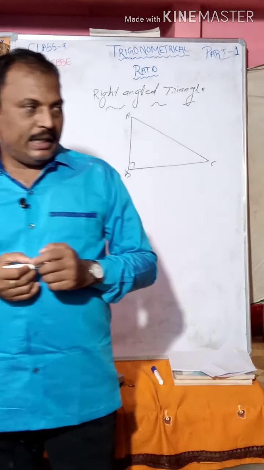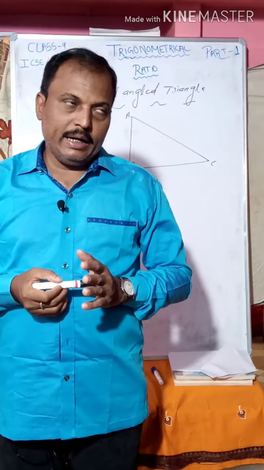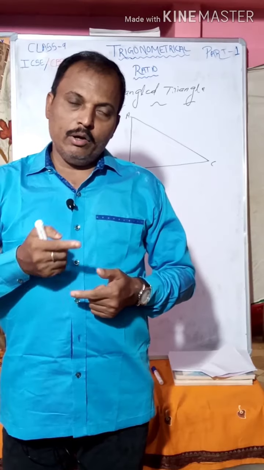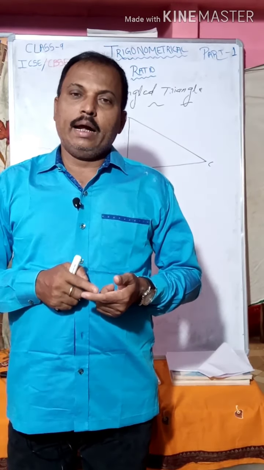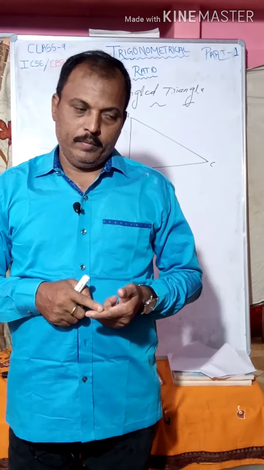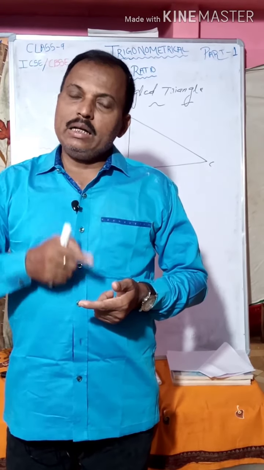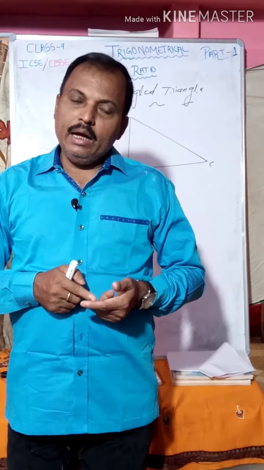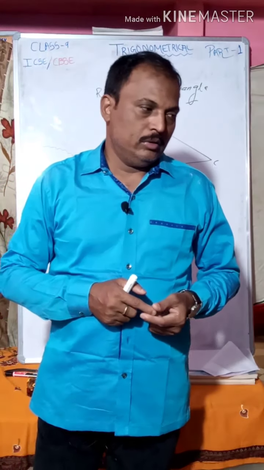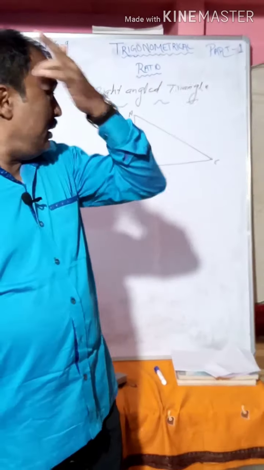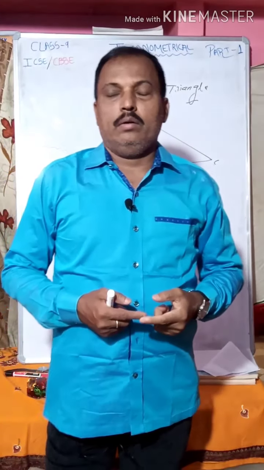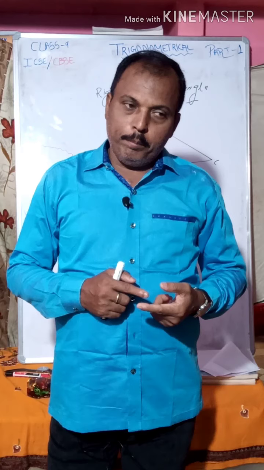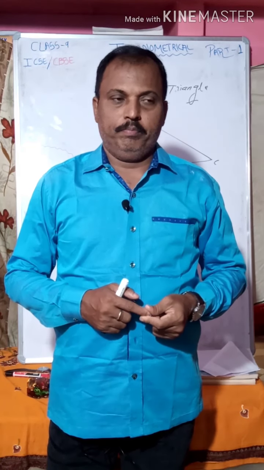In ABC right angle triangle, I already said that trigonometry always depends upon right angle triangle and its angle and sides. So it is a right angle triangle. The right angle triangle we know by Pythagoras theorem.